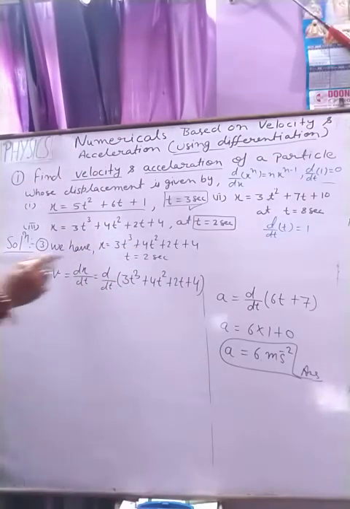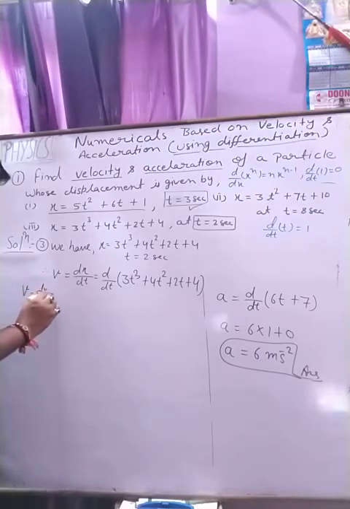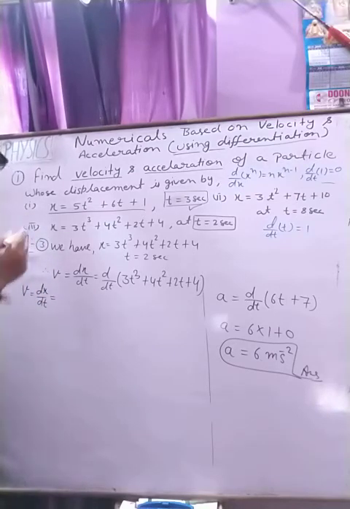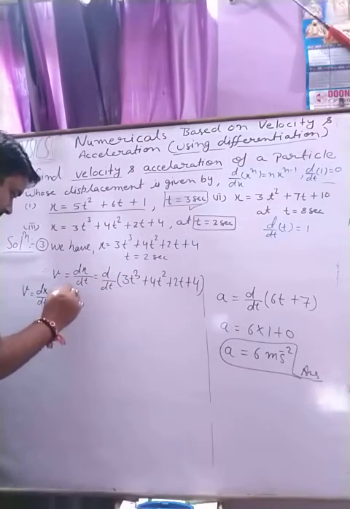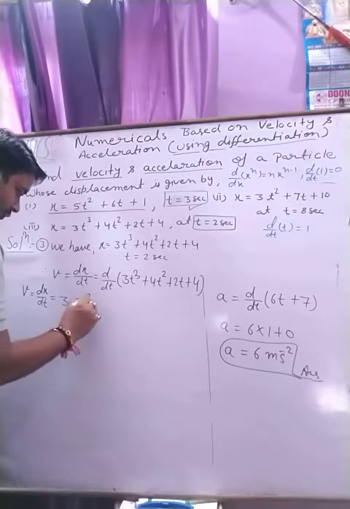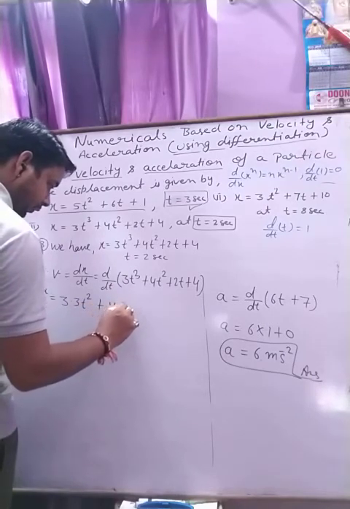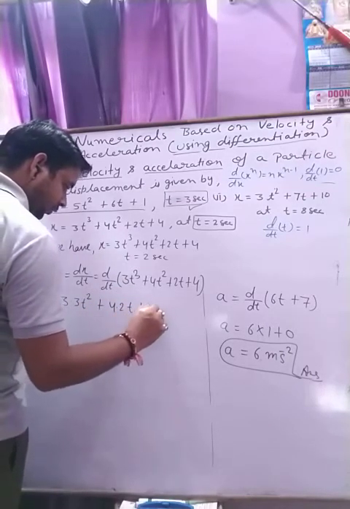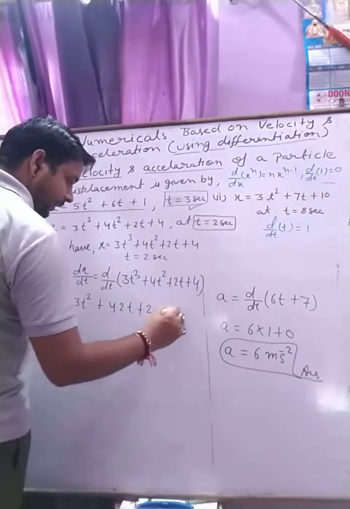Okay, now on solving this, dv over dt is again very easy, is 3 into 3t square plus 4 into 2t plus 2 into 1 plus 0.